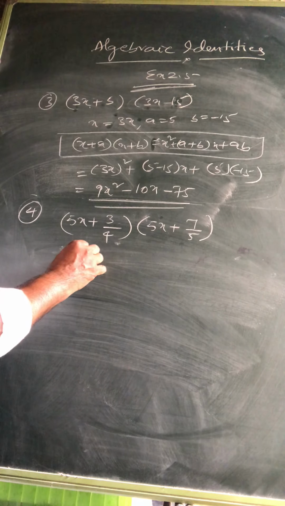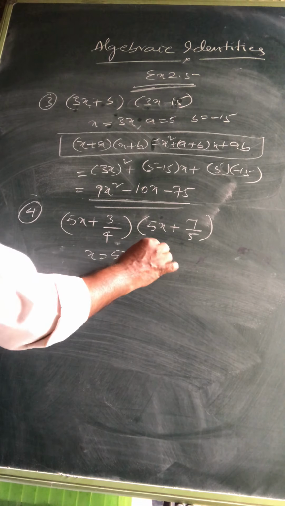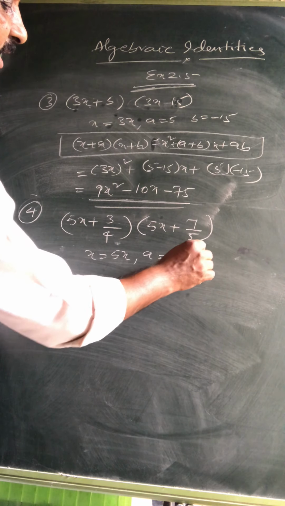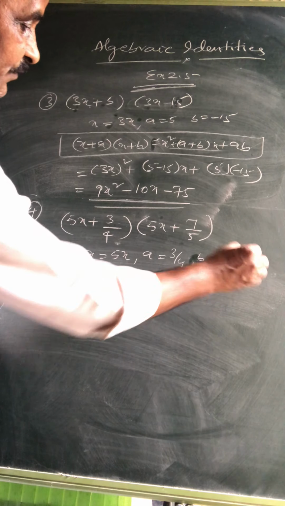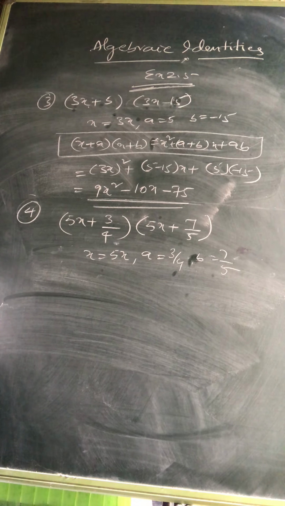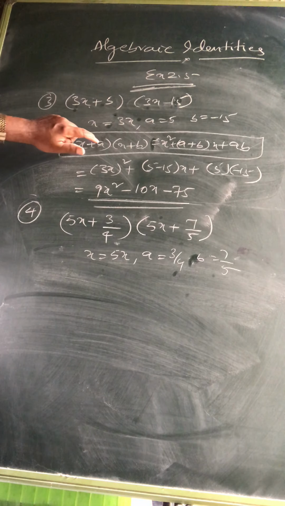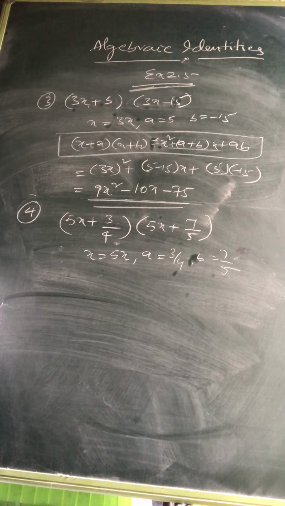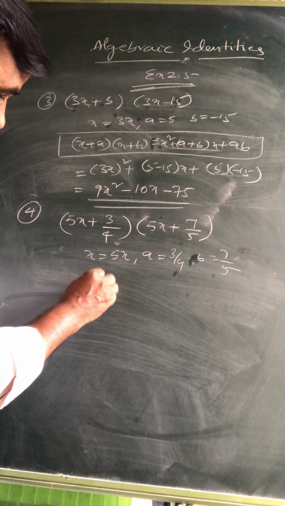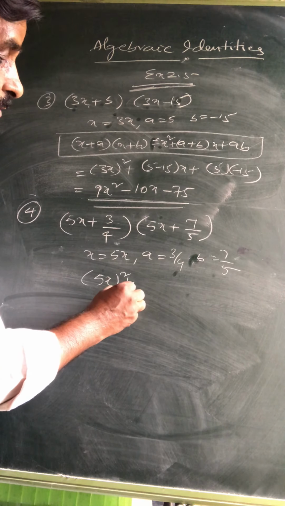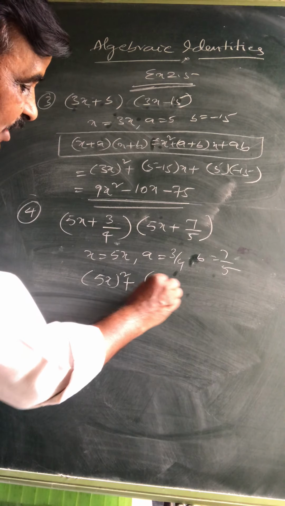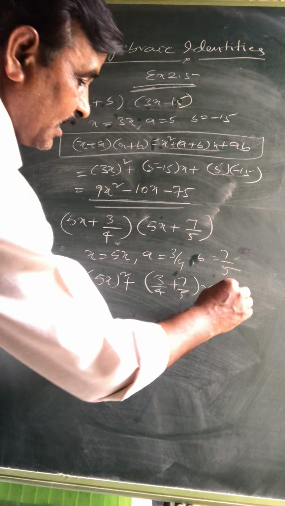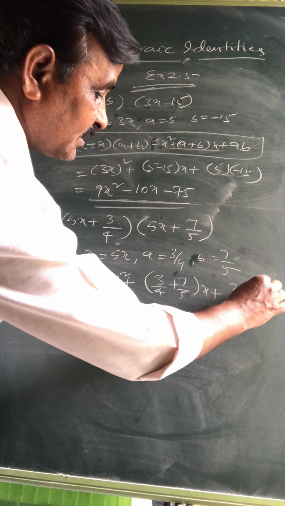So here x is 5x, a is 3/4, and b is 7/5. Now, as per the formula, (x + a)(x + b) = x² + (a + b)x + ab. So (5x)² + (3/4 + 7/5)x + (3/4)(7/5).